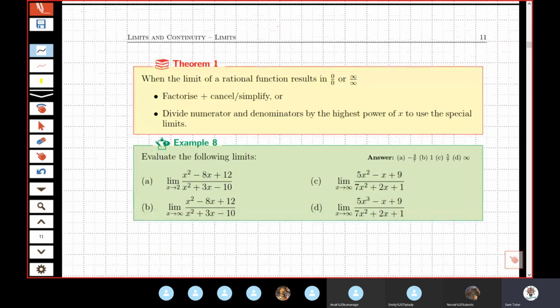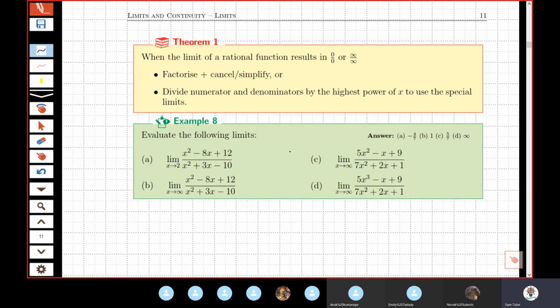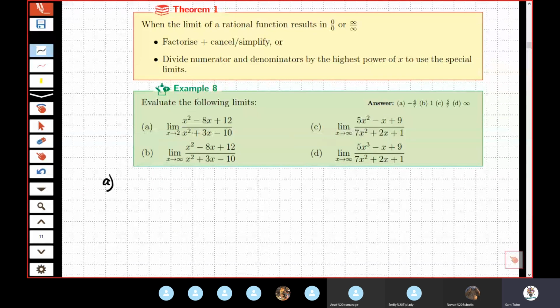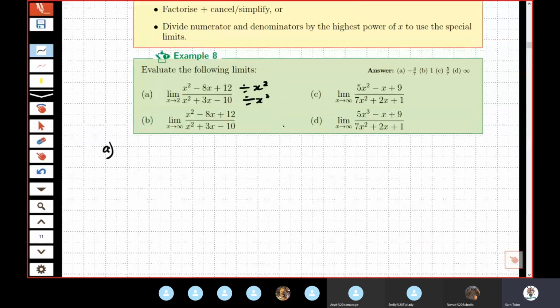So then the idea was we divide the numerator by the highest power of x in the denominator. It's not just the highest power of x, so that's in the denominator. So let's have a look at this. A. We said divide everything by x squared. So it'll look like this. Oh no, that's 2. They mix it up like that. It's annoying. All right, x is approaching 2.